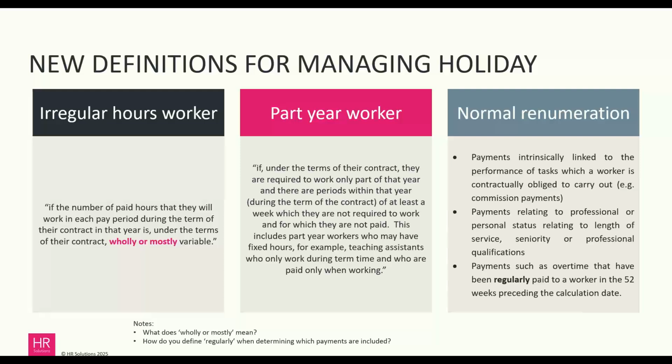But what they define as normal remuneration are those payments that are intrinsically linked to the performance of tasks which a worker is contractually obliged to carry out, payments relating to professional or personal status, relating to the length of service, seniority or professional qualifications, and payments such as overtime that have been regularly paid to a worker in the 52 weeks preceding the calculation date.